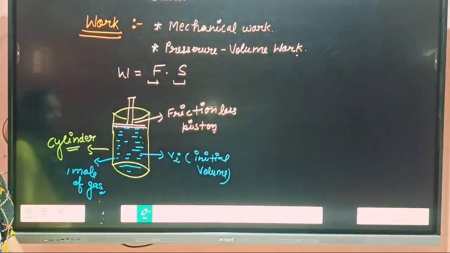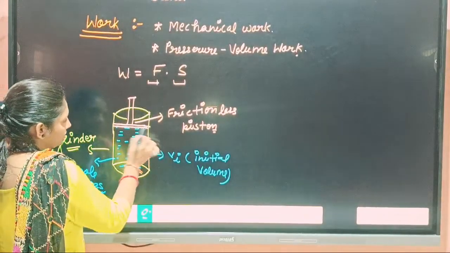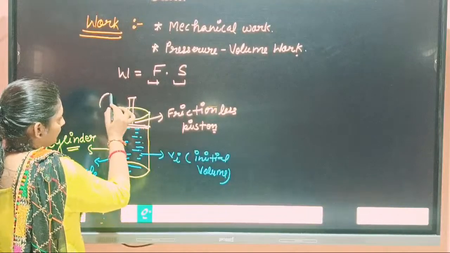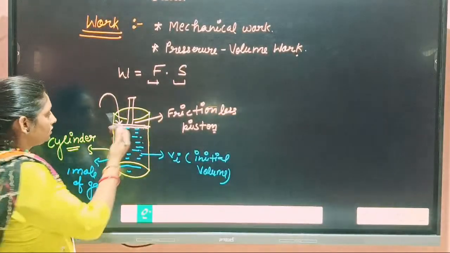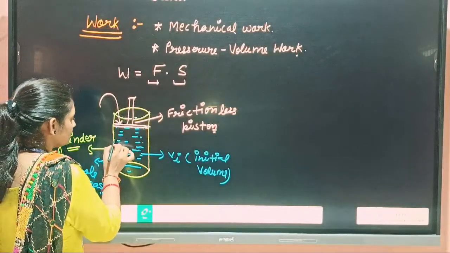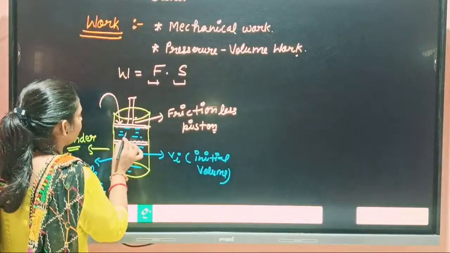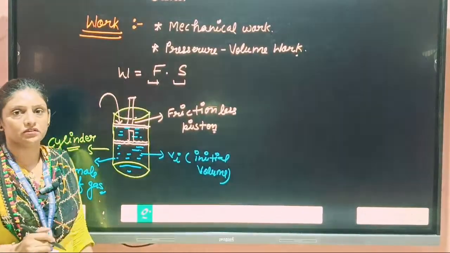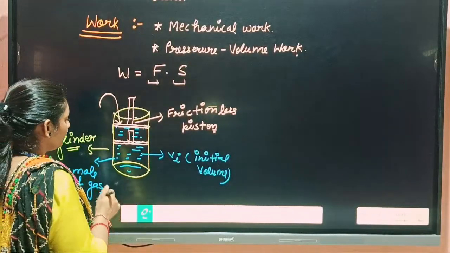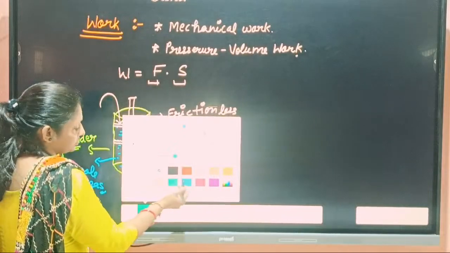then students, let us consider that some pressure is applied by the atmosphere and this piston moves downward by applying some external pressure. Then what will happen? This volume decreases.